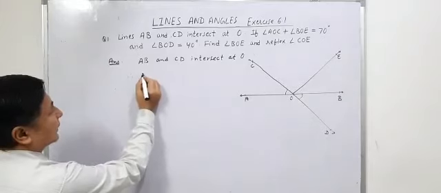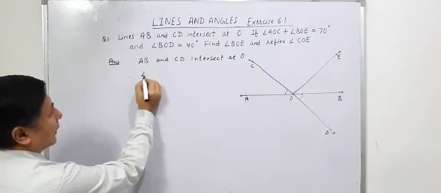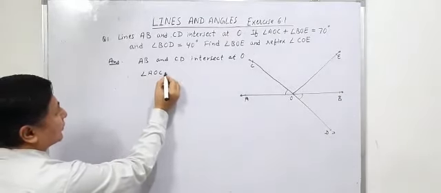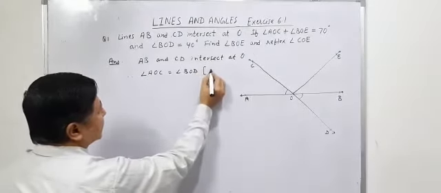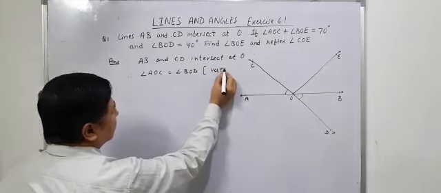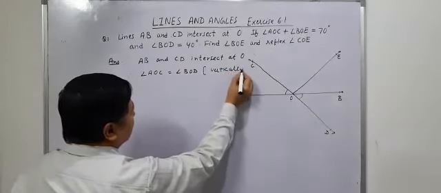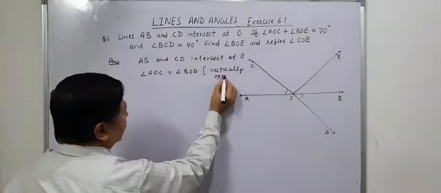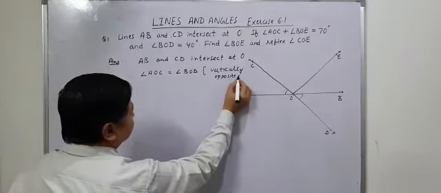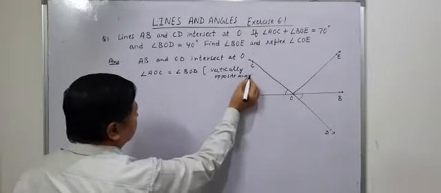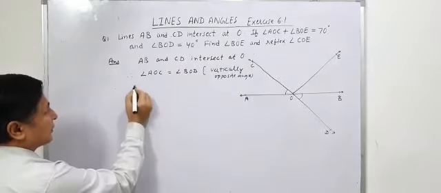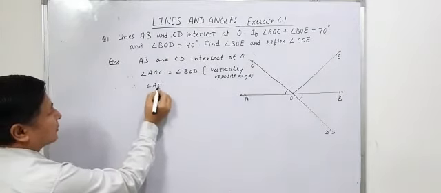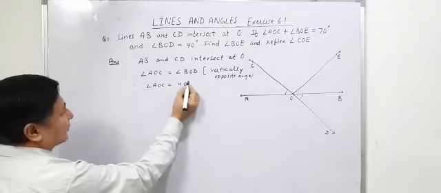Therefore, angle AOC is equal to angle BOD, and the reason is vertically opposite angles. It is given in the question that angle BOD is 40 degrees. Therefore, angle AOC will also become 40 degrees.